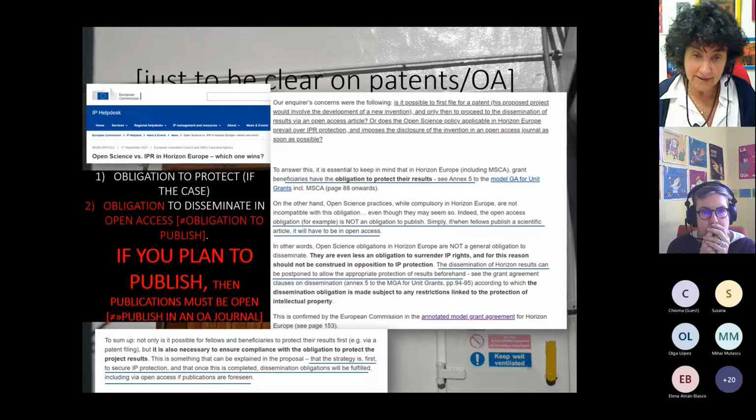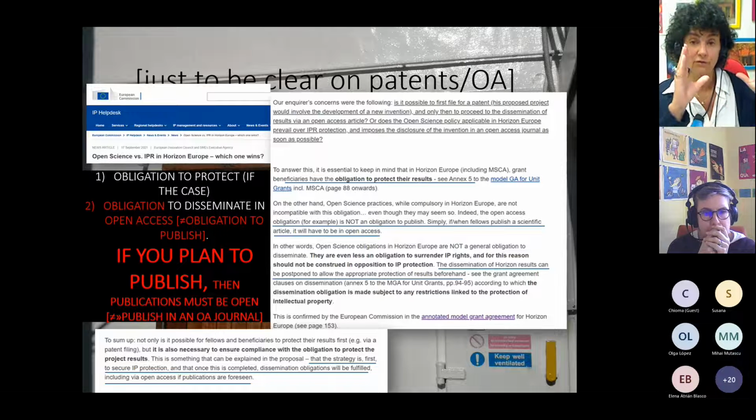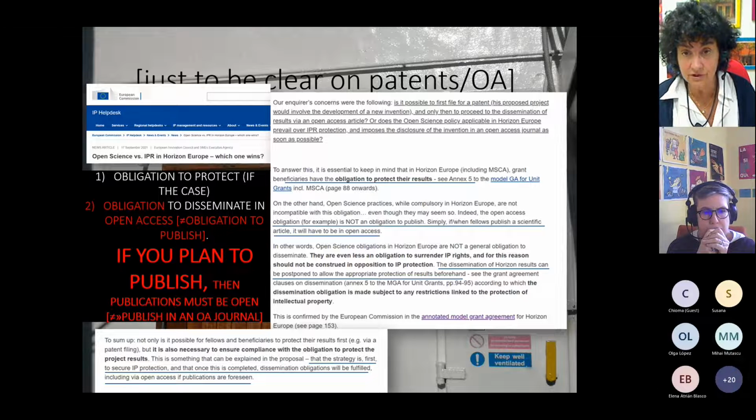The open access mandate means that you have the obligation to disseminate in open access, which is not an obligation to publish. If you want to patent, you patent, and it's perfectly fine. You have the obligation to protect your research if it's suitable for it.